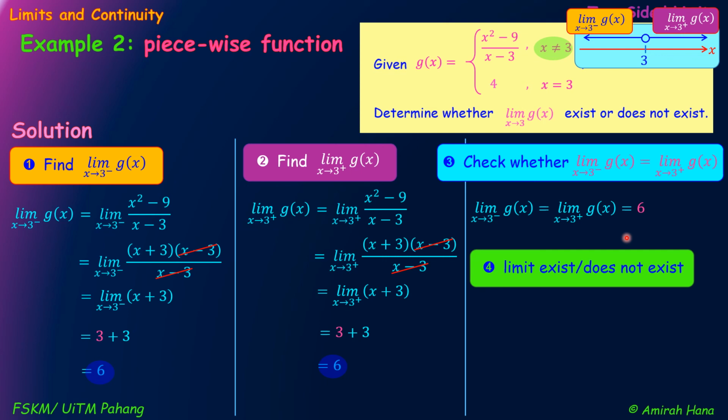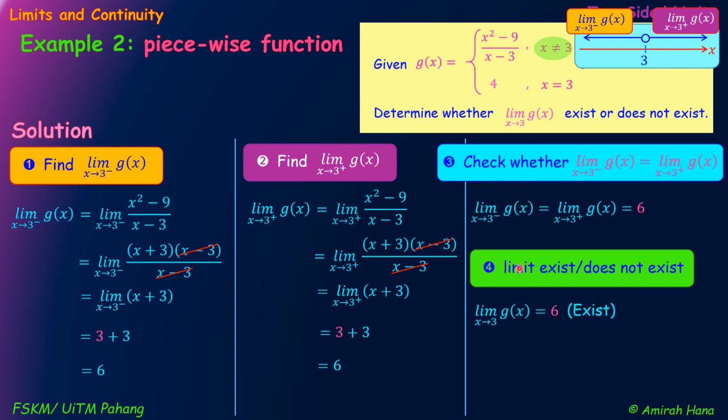Alright? After that, we continue with step 4. We can conclude whether the limit as x approaches 3 of g(x) exists or does not exist. So we can write the limit as x approaches 3 of g(x) equals 6, which means that it exists. We need to write this word.